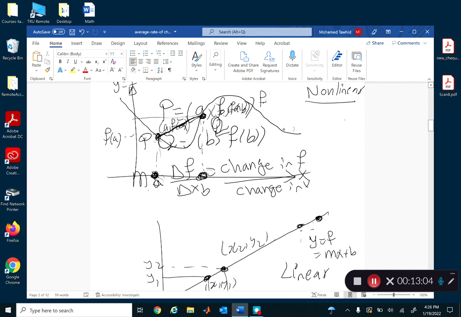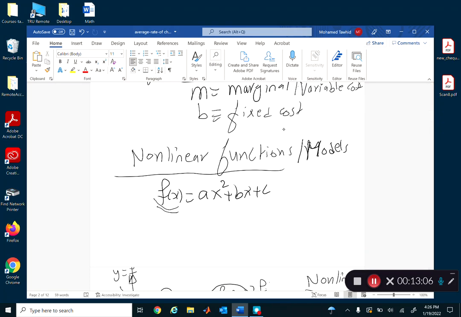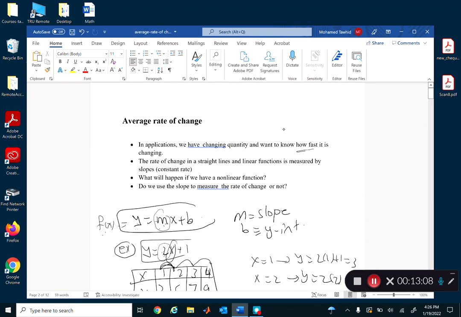Here we are going to show you how to get the slope of nonlinear functions. As you can see, if it is a straight line, a linear function, then the slope measures the rate of change.